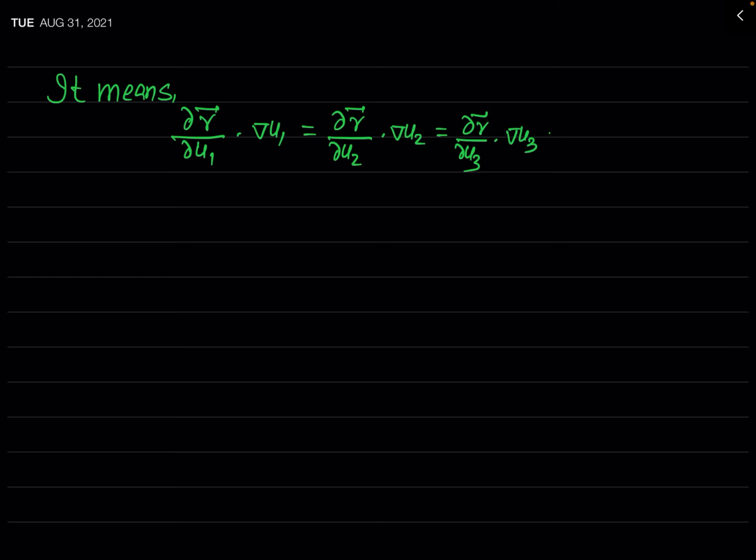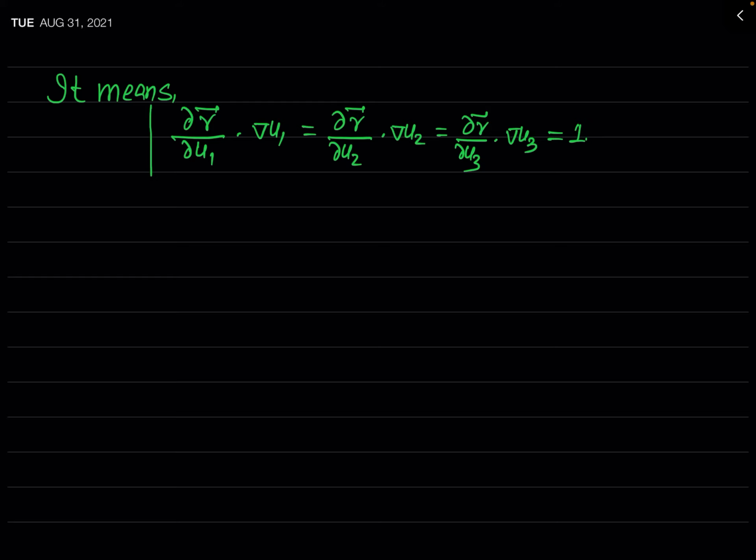It means del r by del u1 dot del u1 is equal to del r by del u2 dot del u2, which is equal to del r by del u3 dot del u3, and all these are equal to 1.